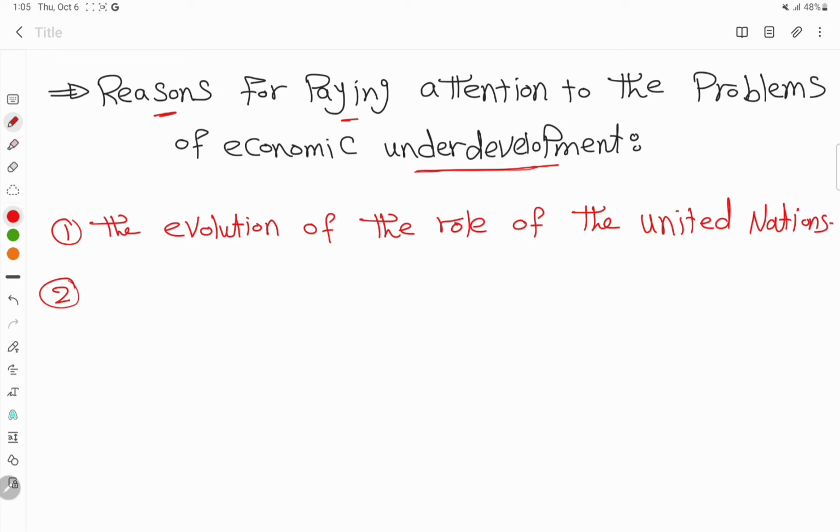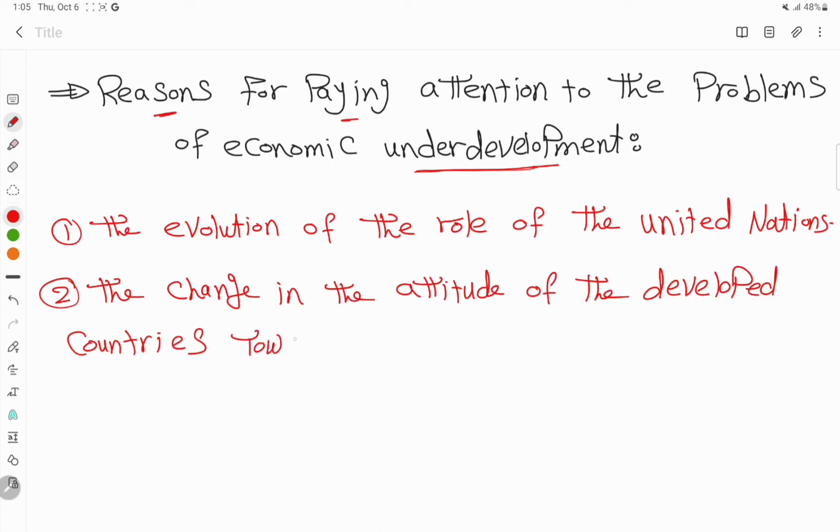Number 2, the change in the attitude of the developed countries towards development in the developing countries.